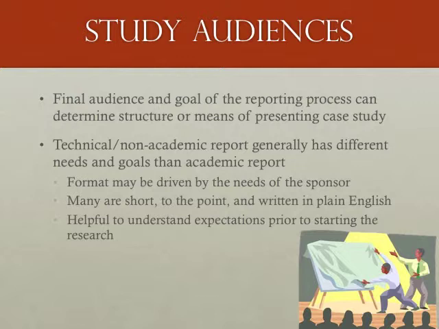Frequently they're a lot shorter, much more to the point, very plain English. A lot of technical non-academic reports generally leave out most of those background theories, or some of the main sources behind some of the information: Brown 1992, Robson 2011, things like that.